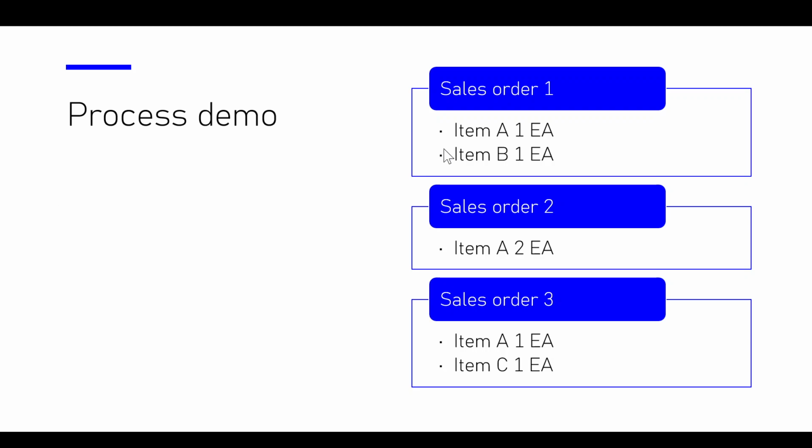Assume that there are three sales orders, where the first sales order requires one each from item A and one each from item B, the sales order number two requires two each from item A, and the sales order number three requires one each from item A and one each from item C. So as a summary, we're going to pick four eaches from item A to be allocated for sales orders number one, two, and three, and one each from item B, which is for the first sales order, and one each from item C for the sales order number three.